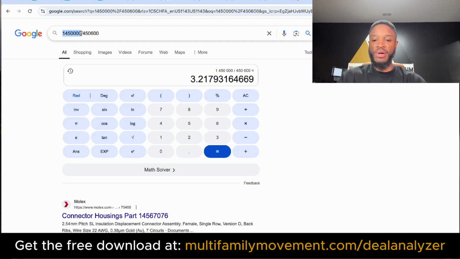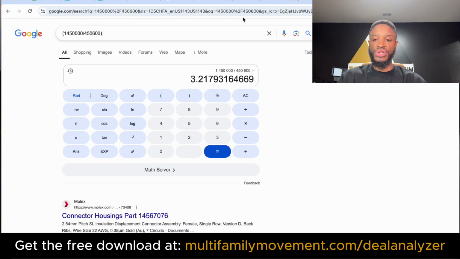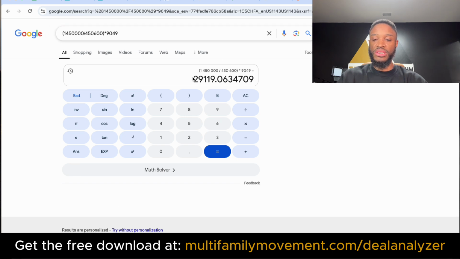And the price that we're about to pay, or we're probably not going to pay because this is likely not a deal. And then we saw that the taxes at that 450,000 number was $9,000 a year. So we want to multiply those $9,000 in taxes by 3 times. And so our new taxes are actually going to be around $29,000 per year.